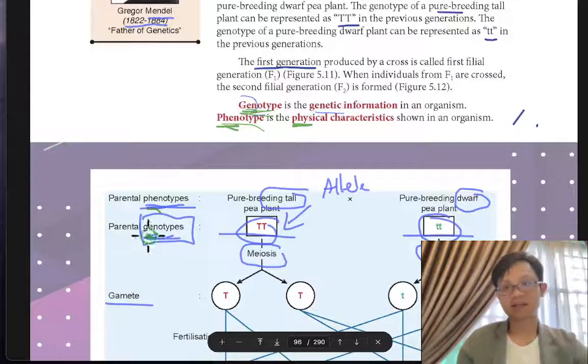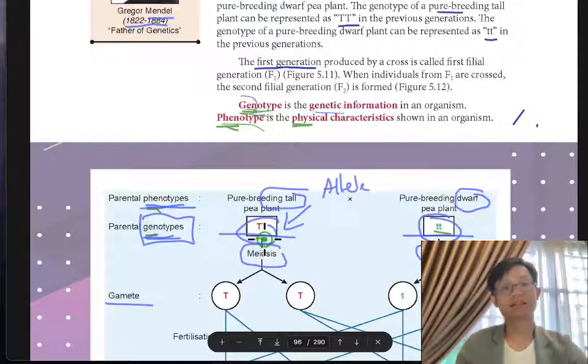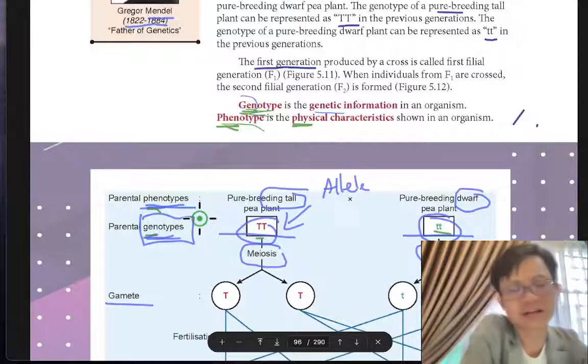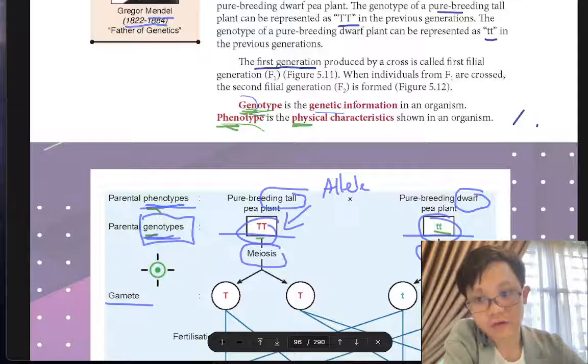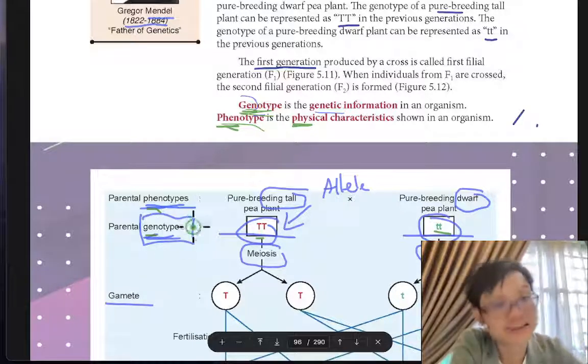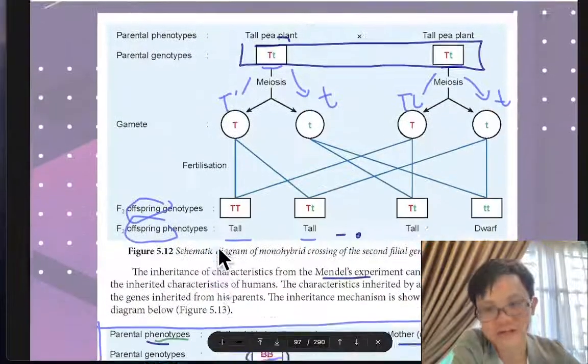So that's why you see the genotype is TT and Tt, and this T is dominant, and they consist of either dominant gene or recessive gene. These are the common questions that the exam will ask, and sometimes students confuse what is phenotype, what is genotype, because it looks the same, and students confuse between meiosis and mitosis.